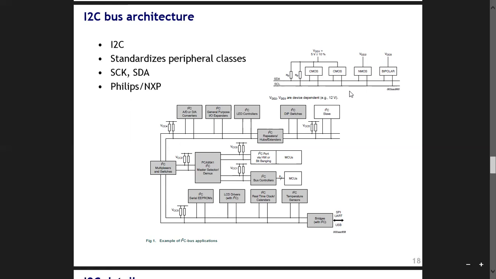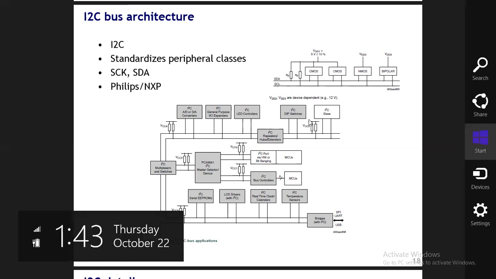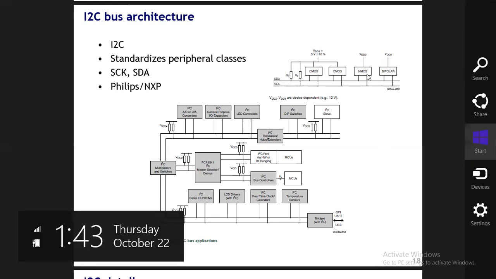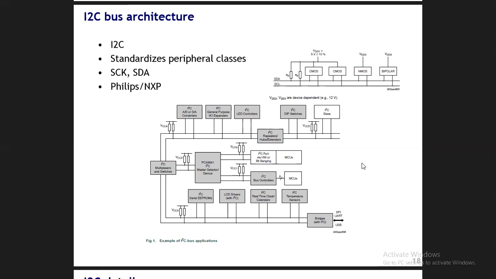Therefore, we must have a clock signal for this design. Otherwise we have these CMOS, NMOS, and bipolar devices, which are kind of sensors connected in this system. So the scheme is very simple.